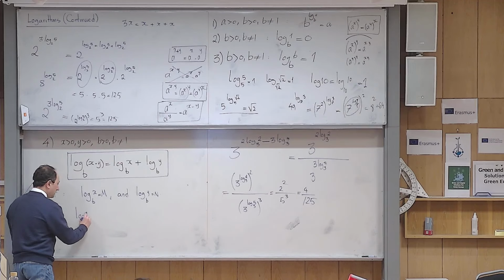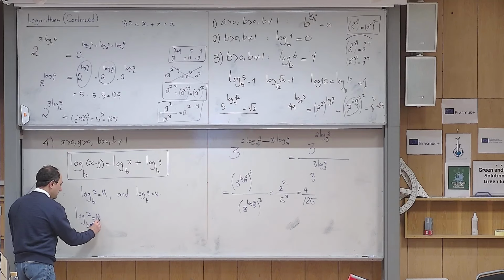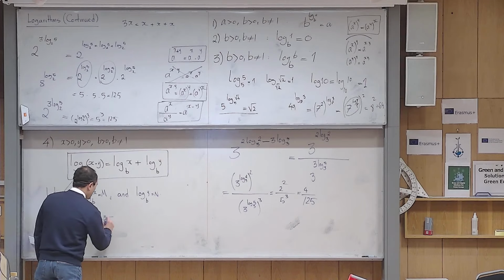The logarithm of x to the base b is being told to be m. What can I conclude from here?